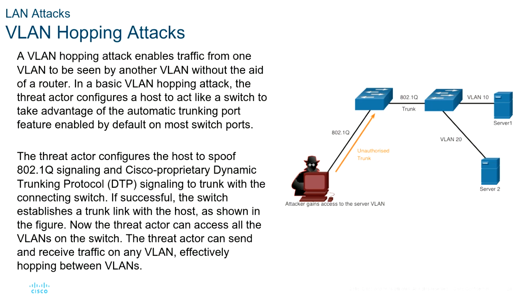It'll do that 802.1Q tagging to the workgroup switch because someone forgot to say switchport nonegotiate, do not participate in this dynamic trunking protocol thing. So no one programmed that port in the switch to not listen to that. And the guy's able to get a full trunking connection, which means he has access to all VLANs. He can see everything on all VLANs. Oh, I can't filter traffic by workgroups now.